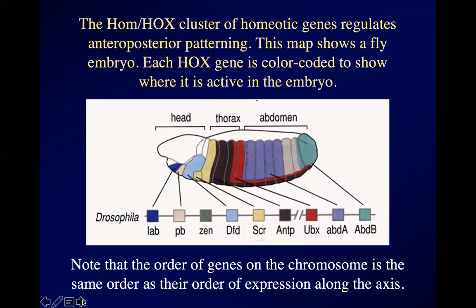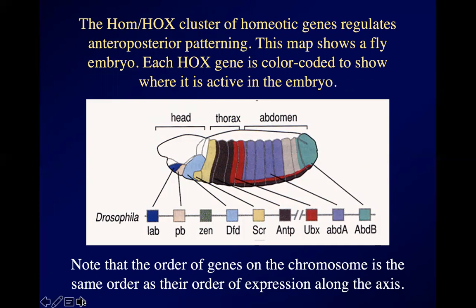It turns out that flies and humans, be it said, just about everything I've said would apply to human development with the little modification that there's multiple clusters of homeotic genes in the genome. There's one called PAX, there's one called NK2, and the one I'm going to focus on is a cluster of homeotic genes called Hox.